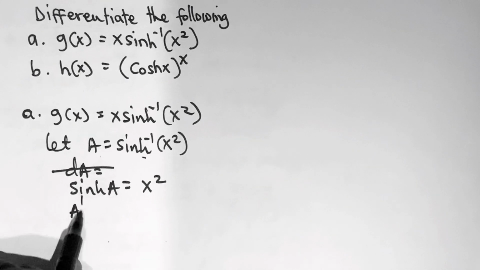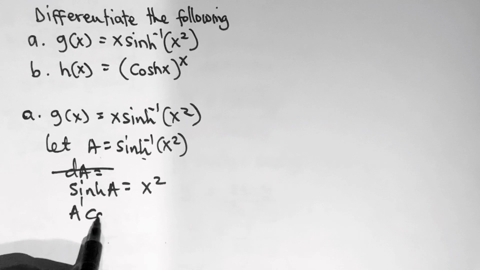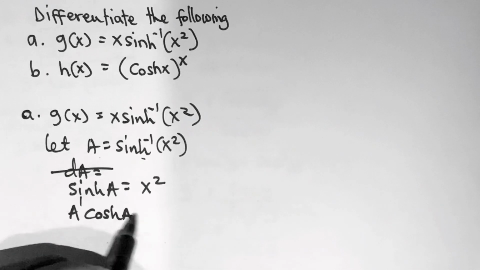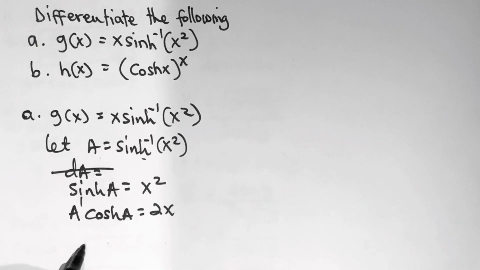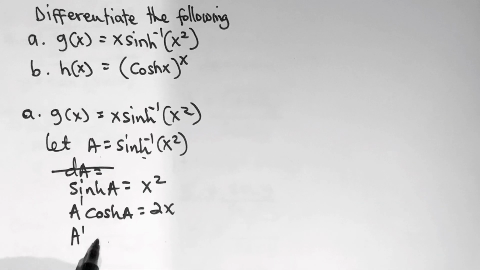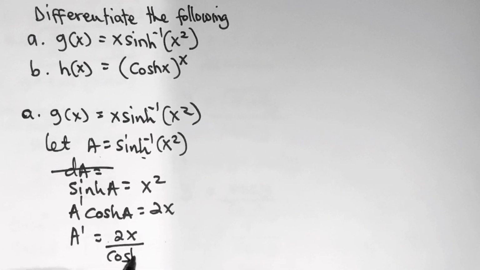So a prime, then if you differentiate sinh a, you get cosh a a prime equals, if you differentiate x squared, you get 2x. So a prime is equal to 2x divided by cosh a.